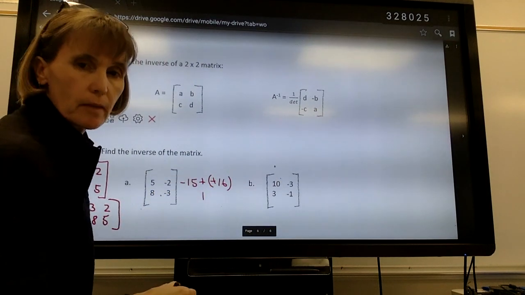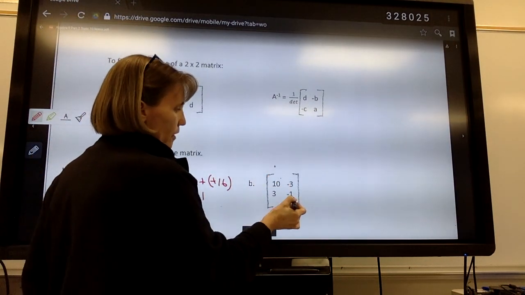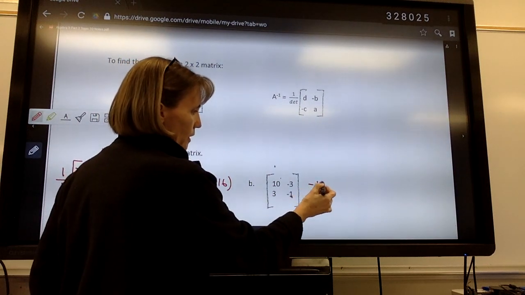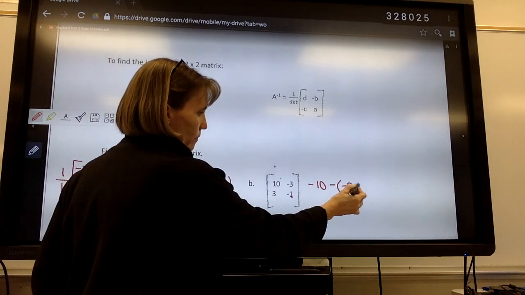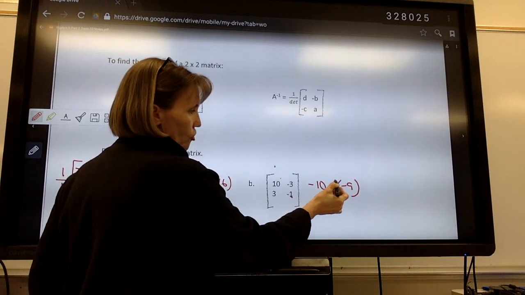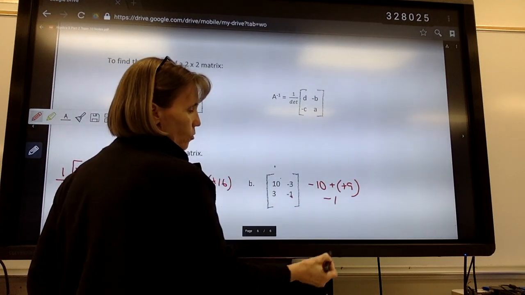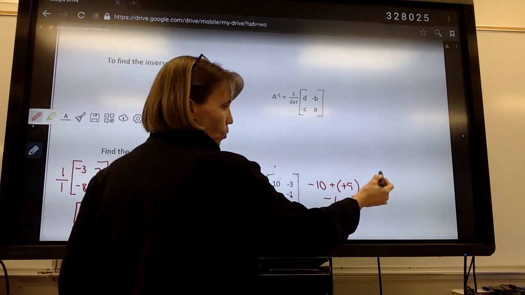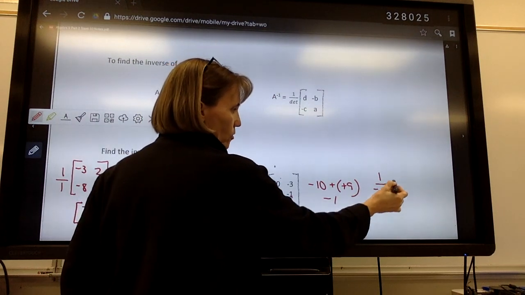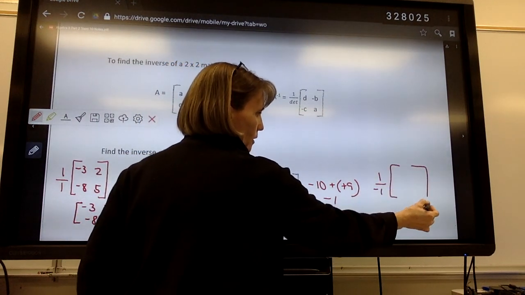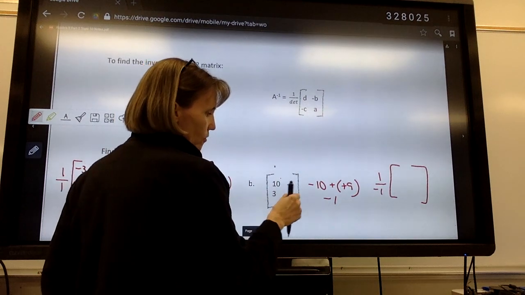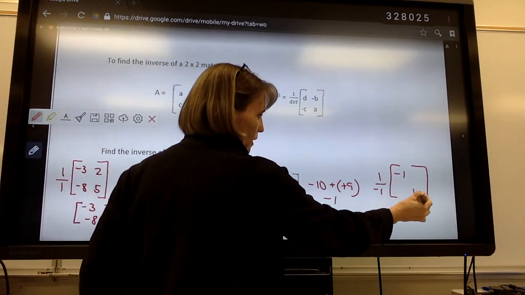Okay, let's try B. Find the determinant first, so that would be negative 10 minus a negative 9. Do leave, change, change. You get negative 1. So you say 1 over that determinant value. You change the places of those two, so it's going to be negative 1 and 10.